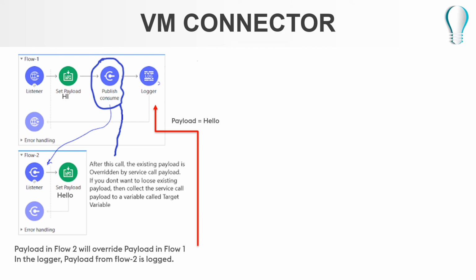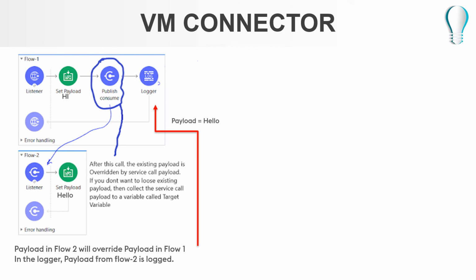Here in the set payload, we are updating the value to hello. Now this is updating your payload from hi to hello. And when you respond back, the updated payload equal to hello will be going to your logger. And in the logger, you will be printing payload as hello.